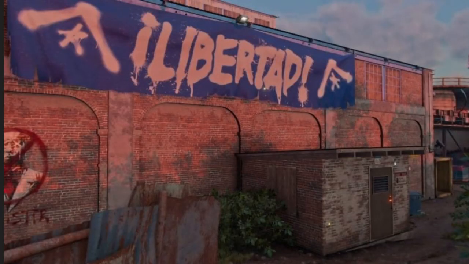A little bit weaker of an example is this banner from Far Cry 6. So the banner's building size, right? It's very large. We can see that this is on the side of a factory or something. The line work here in Libertad, there's a lot of splatter and a lot of dripping paint, so we can probably assume this was hand painted by someone, probably with a rag or something because it's on the big old banner. That's fine.